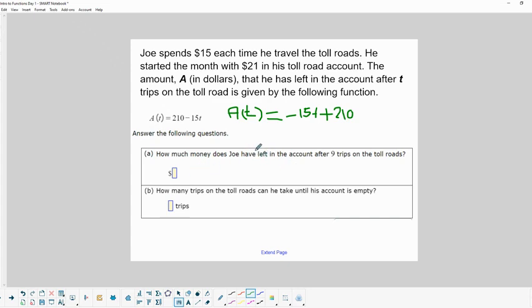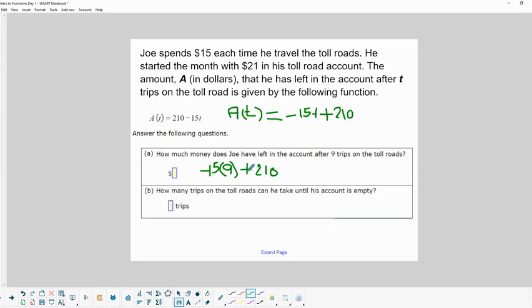So how much money does Joe have in the account left after 9 trips on the road? So all we have to do is go negative 15 times 9 and add 210 to that. So negative 15, if you got your calculator, get it handy.